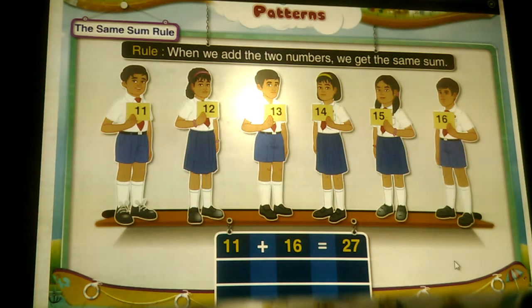Now, second from the left and second from the right are 12 and 15, the sum of which is again 27. Now, the third one from the left and the third one from the right are 13 and 14. 13 and 14 also add up to 27.